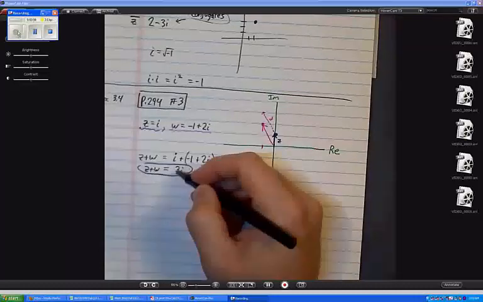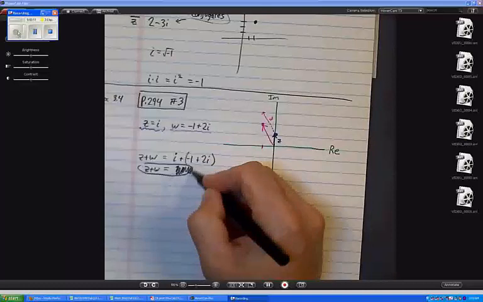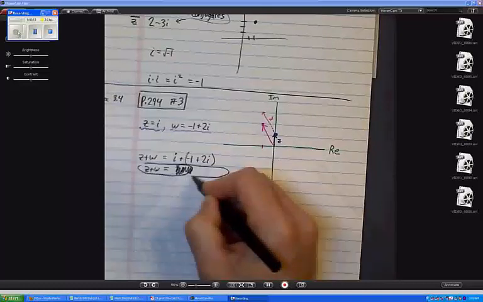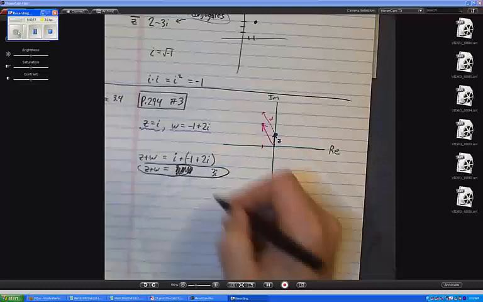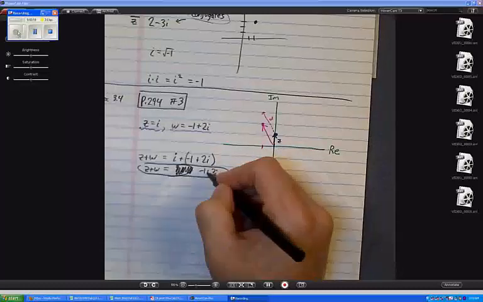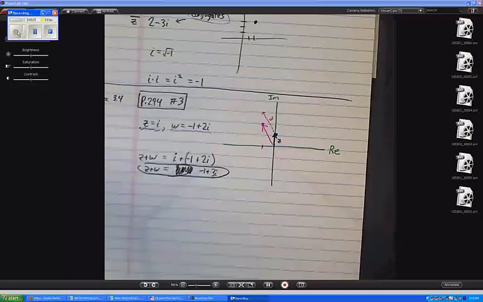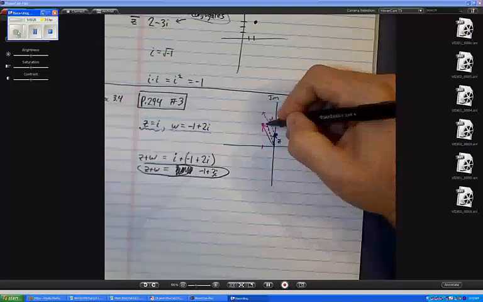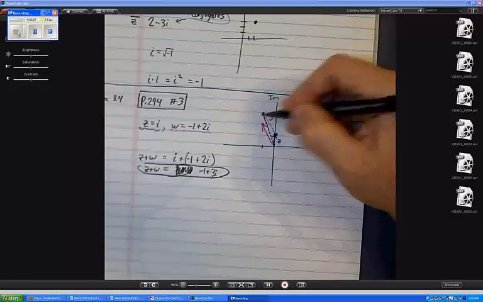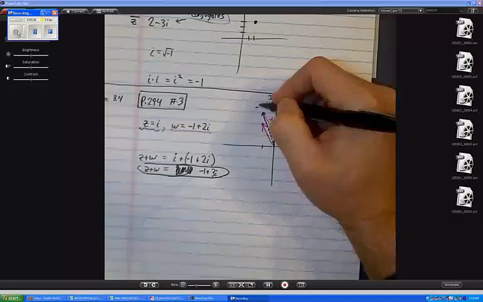What happened to the -1? Whoa. 2i plus i is 3i, but what did I miss? The -1. So -1 plus 3i. Thank you. Anyways, on the picture, if you check out that sum there, that is -1 plus 3i.